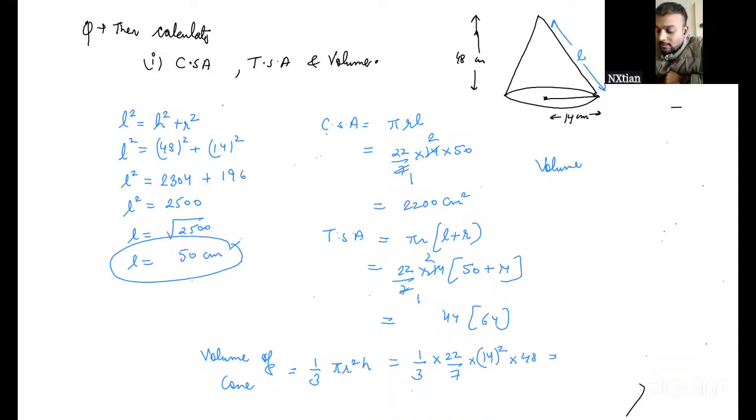Now 1 by 3, pi, which is 22 by 7, into 14, into 14, into 48. So this will become 1, this will become 2, this will become 1, this will become 16. Now simply you have to multiply it: 22 into 2 into 14 into 16. Whatever you multiply, you will get the answer. Understood?